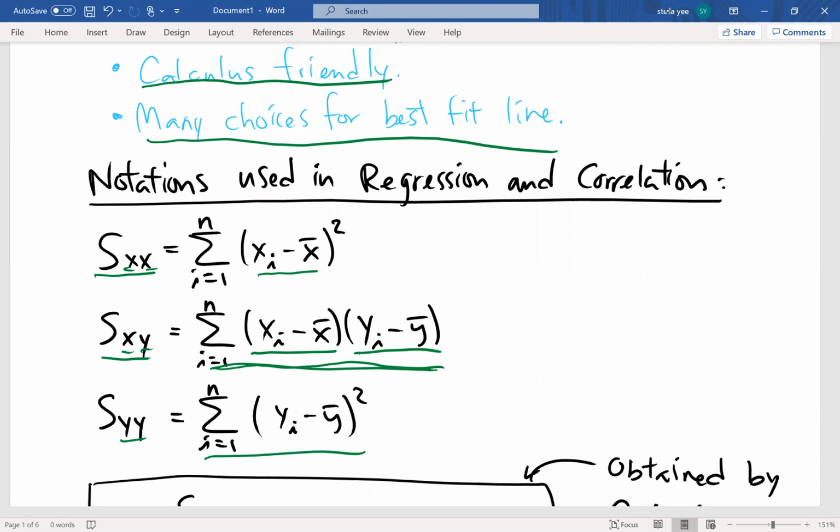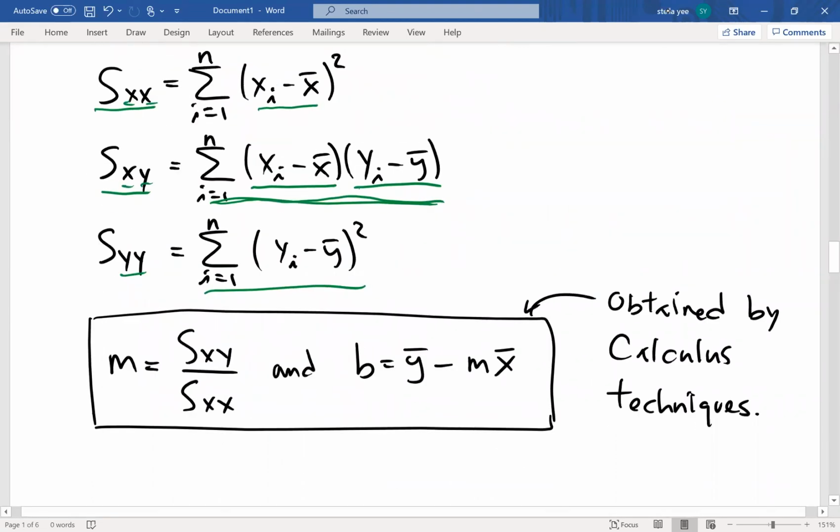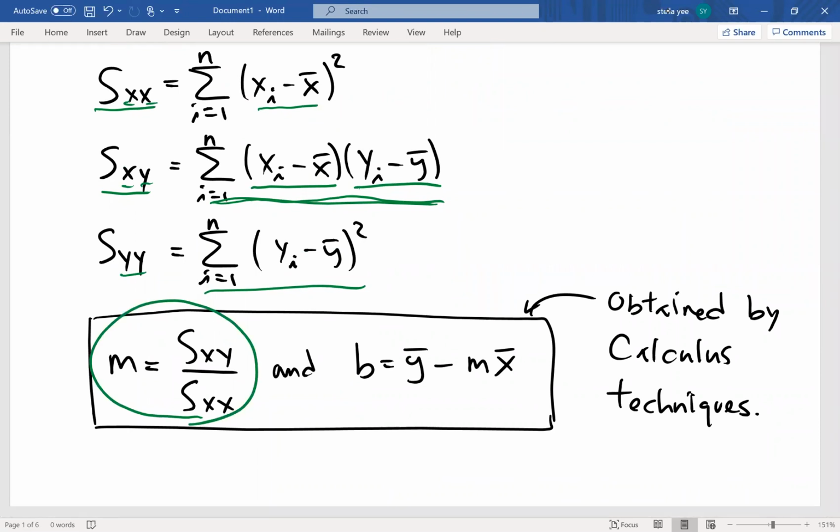Once this notation is set, we can compute the slope of the best fit line: m is SXY divided by SXX.